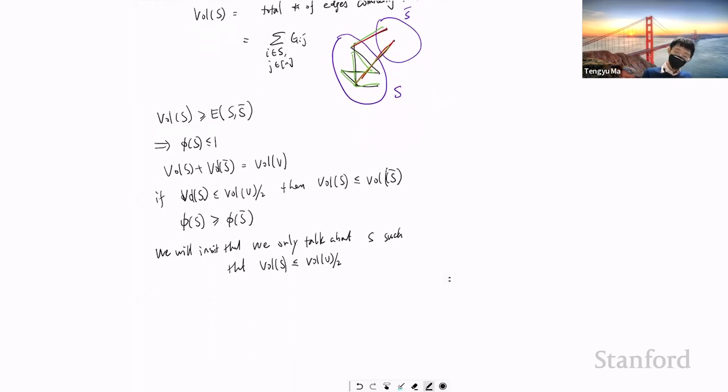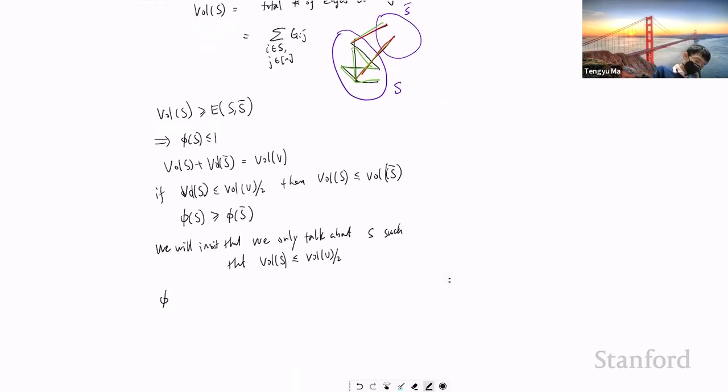Before proceeding to answer why we have to normalize, we can also define phi of G, the conductance of the so-called sparsest cut of G. The sparsest cut value of G is defined to be the minimum possible conductance.